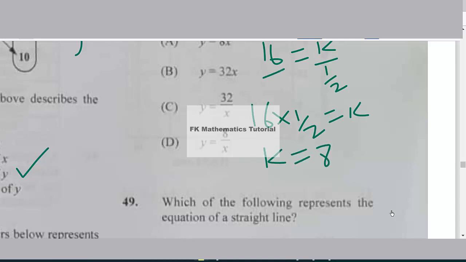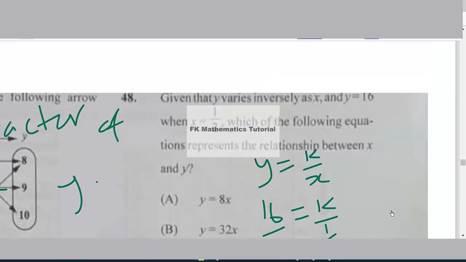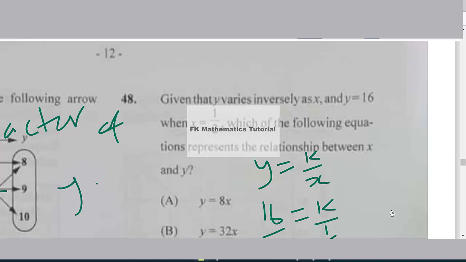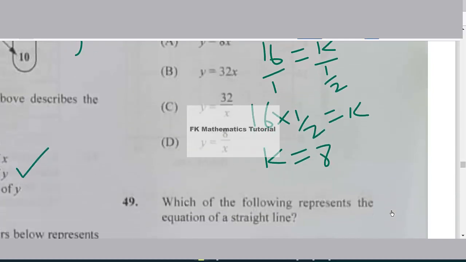When you cross multiply, you get 16 times half is equal to k times 1, which gives k equal to 8. So when we substitute 8 for k here, we get y equal to 8 over x. So the correct answer is option D.